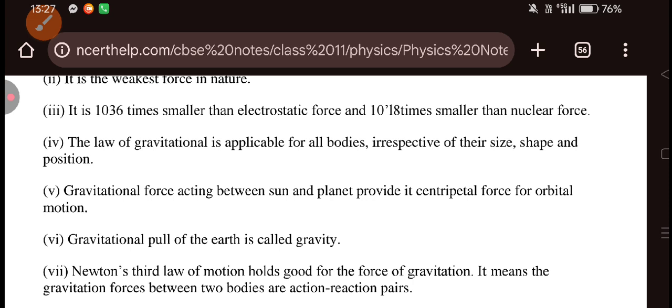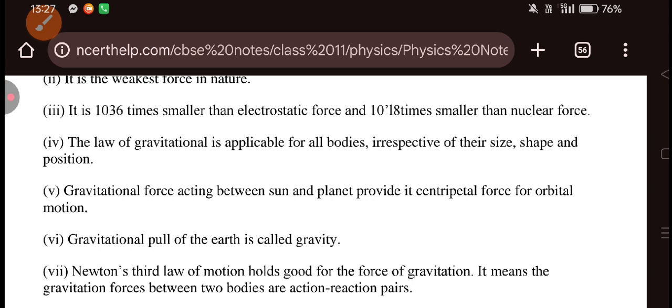We say that the earth is moving around the sun. It is happening. Why are they not falling? The reason is centripetal force.